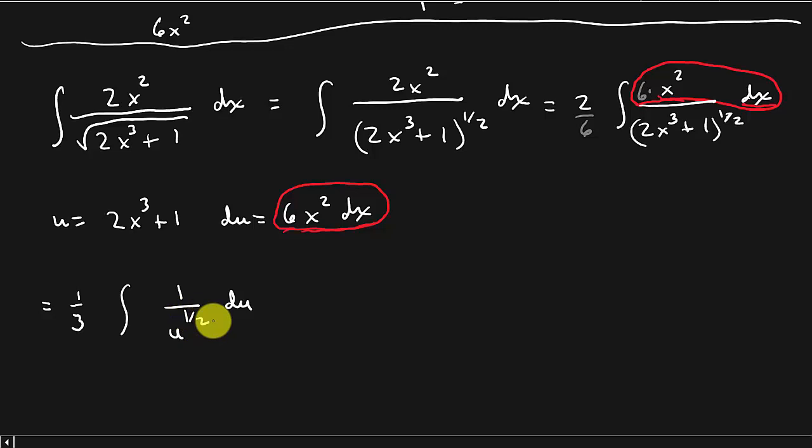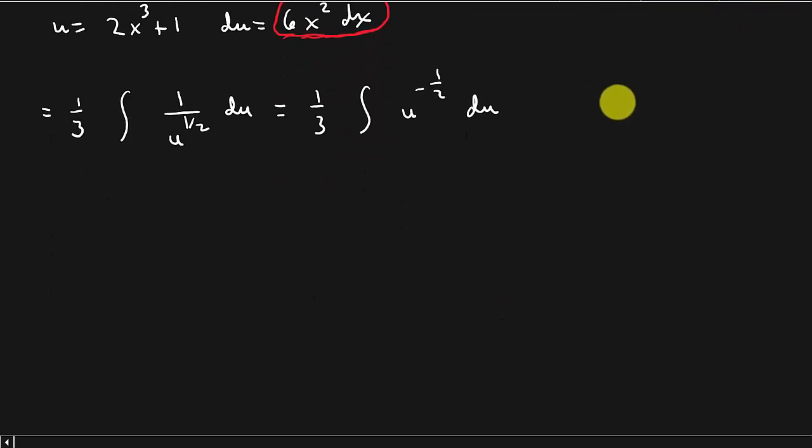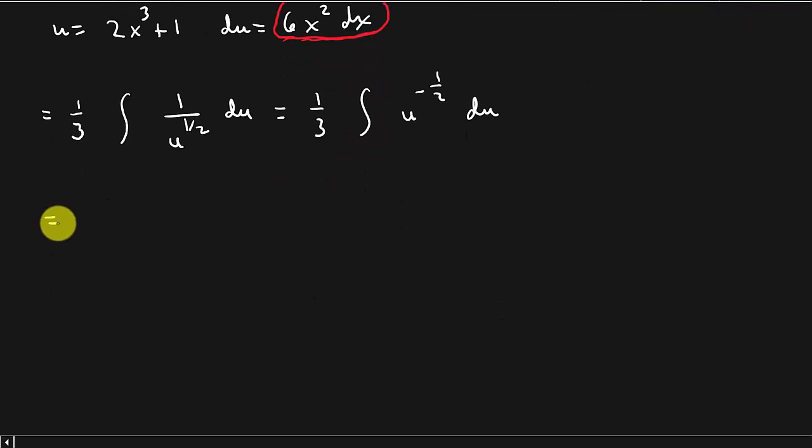All right, but still, we're not ready to integrate this because we don't have a variable raised to a power. I mean, we do, but it's in the denominator. And what do we do when it's in the denominator? Well, we move it up to the numerator. And now we can apply that rule. And so that's going to be 1/3.